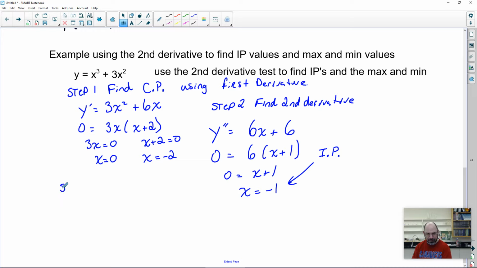So step 3, test each IP, or not IP, pardon me, critical point CP, into the second derivative. Then you'll find if it's a max or min.